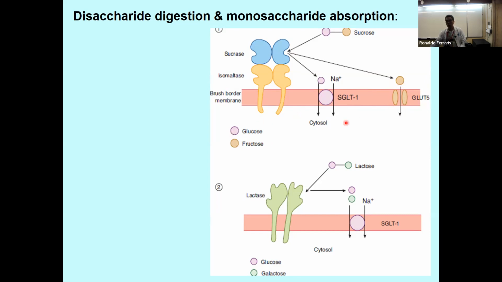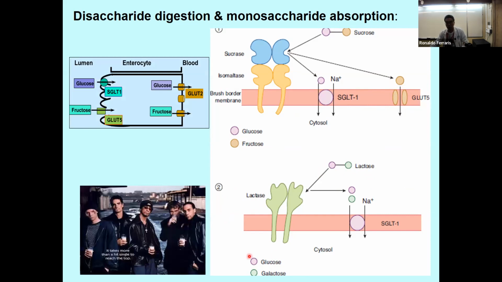So now glucose and fructose are absorbed, and this is your table sugar. What about lactose? It is milk sugar. Here, enjoyed by your famous group, you probably don't recognize them anymore. This was my children's generation, NSYNC, I think. Lactose is digested by lactase and liberates galactose and glucose.